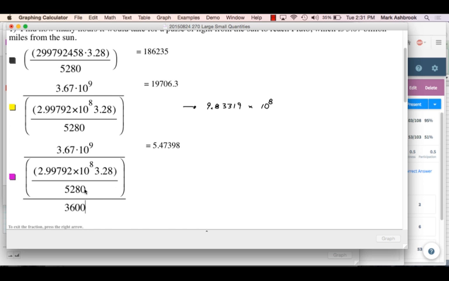So we want to find out how many of this number of miles go into that total distance. That's the same as the number of seconds to cover that distance. So that gives us the seconds. And then finally, we divide by 3,600. We find out how many groups of 3,600 seconds go into that number of seconds, which will be the same as the number of hours.